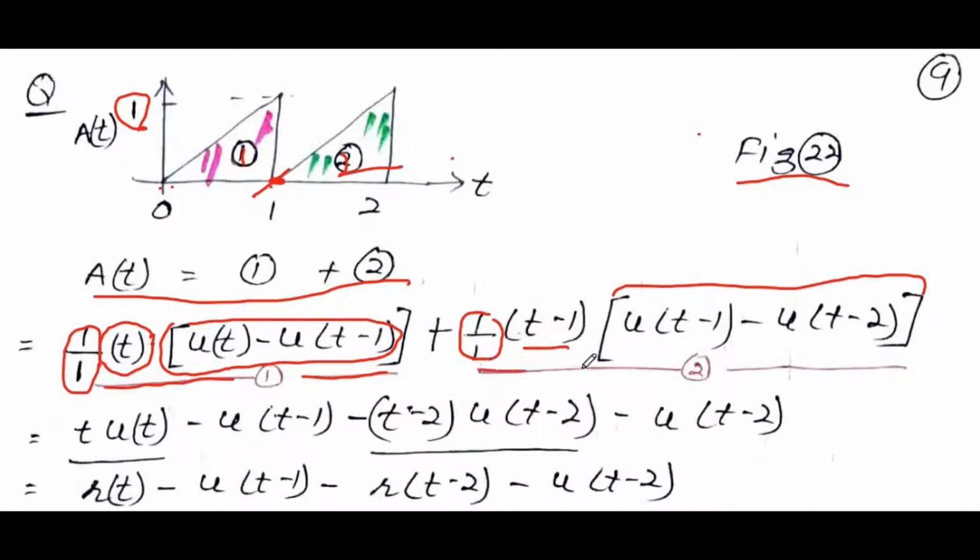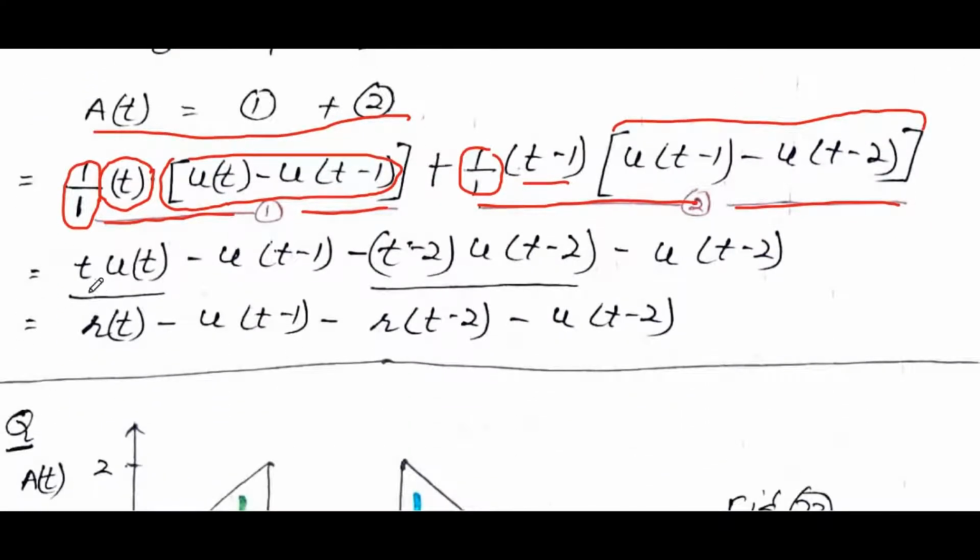So this will be the expression for the second part. On solving, we will get t u of t minus u of t minus 1 minus t minus 2 u of t minus 2 minus u of t minus 2.